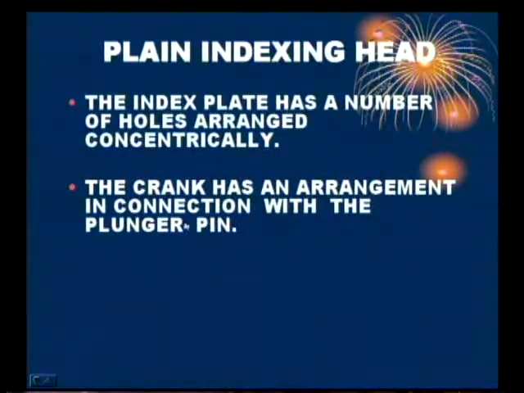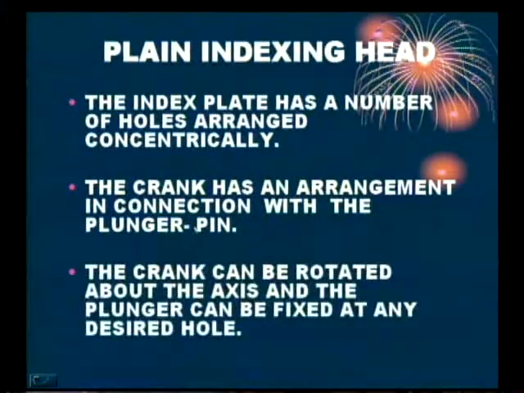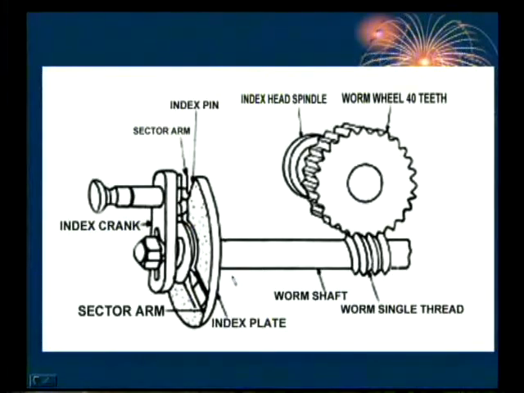We will discuss this in detail when we look at the diagram. The crank can be rotated about the axis, and the plunger can be fixed at any desired hole, so that the job is rotated through a required angle. This is a sketch illustrating a plain indexing head.